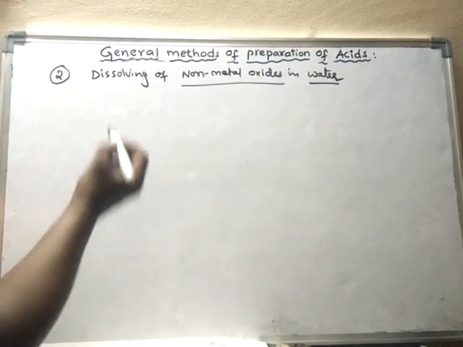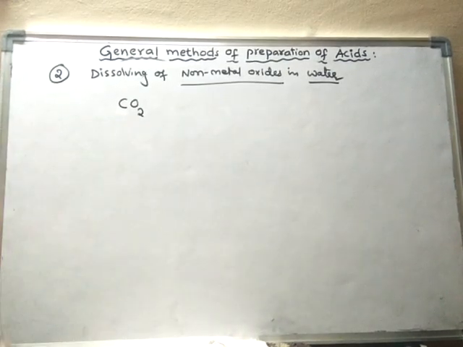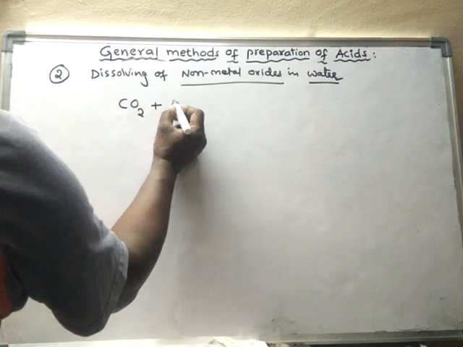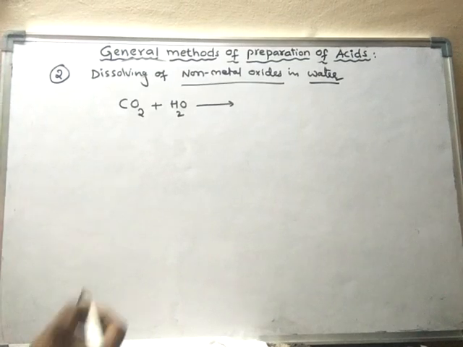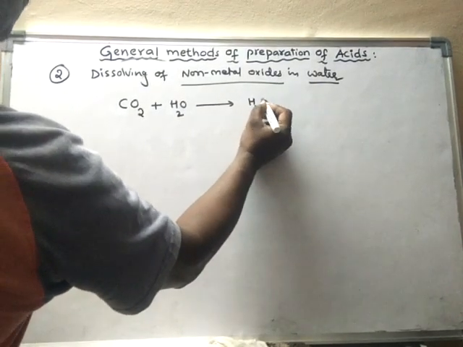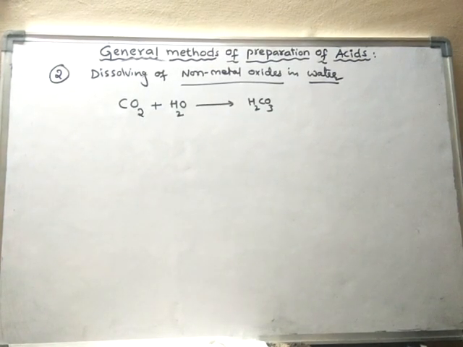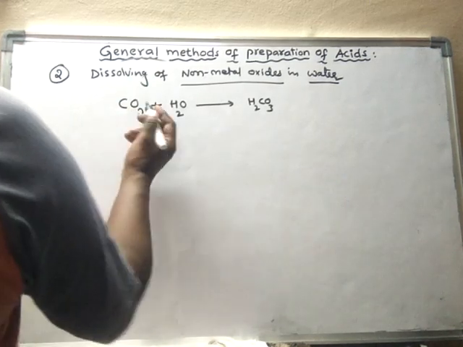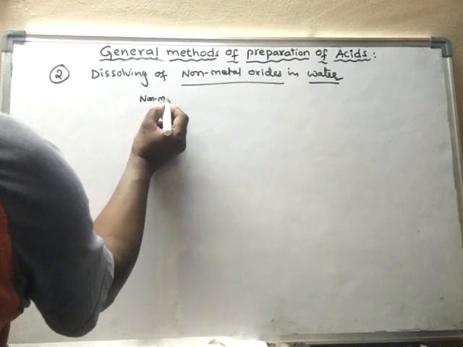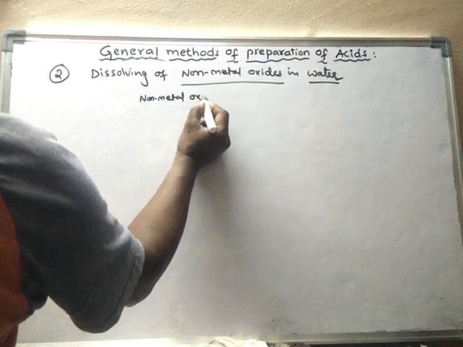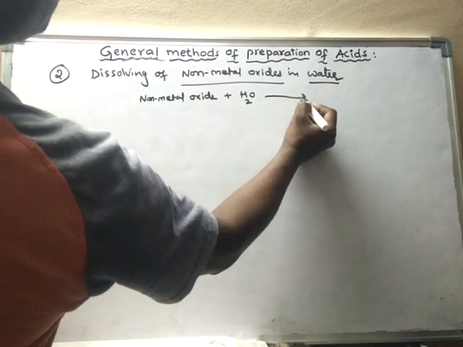For example, the common example we come across in our day-to-day life is carbon dioxide dissolving in water. When carbon dioxide dissolves in water, it forms carbonic acid, H2CO3. Carbon dioxide is highly soluble in water. The general representation is: non-metal oxide plus water forms acid.